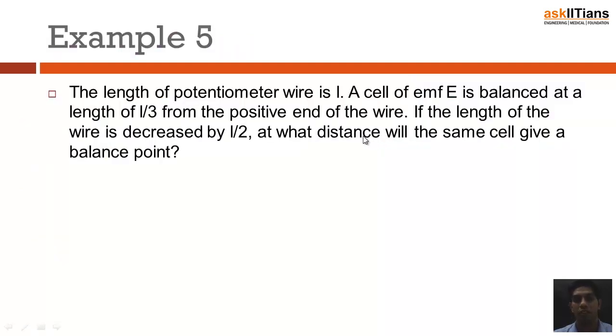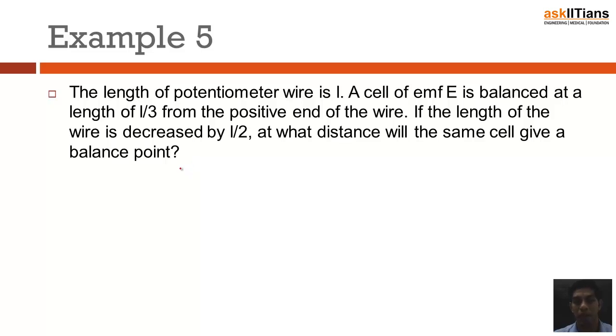So now we'll try out an example corresponding to the potentiometer. The question states, the length of a potentiometer wire is L. A cell of EMF E is balanced at a length of L by 3 from the positive end of the wire. If the length of the wire is decreased by L by 2, at what distance will the same cell give a balance point?